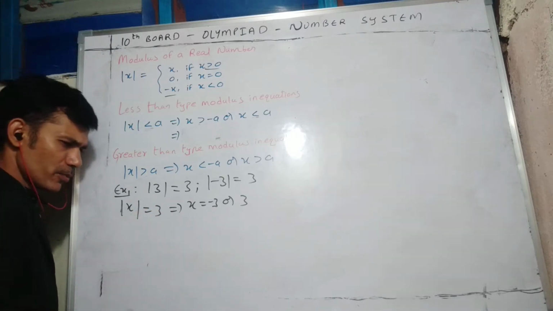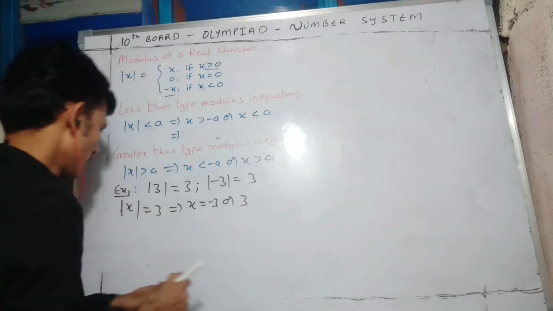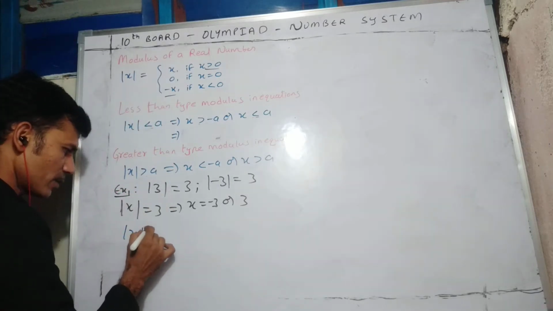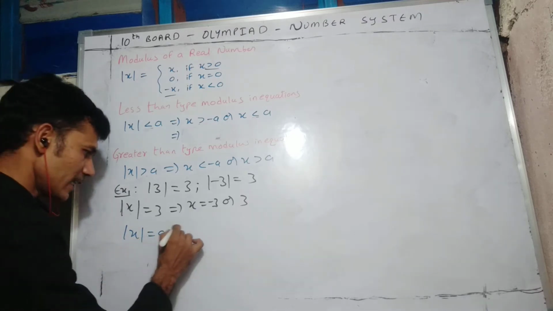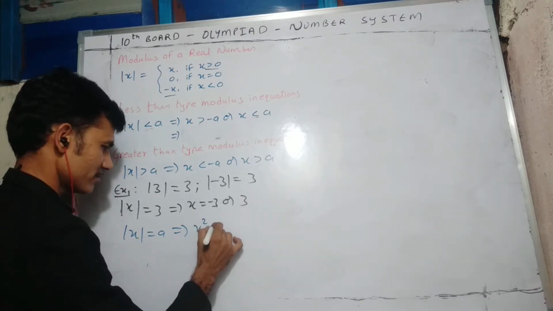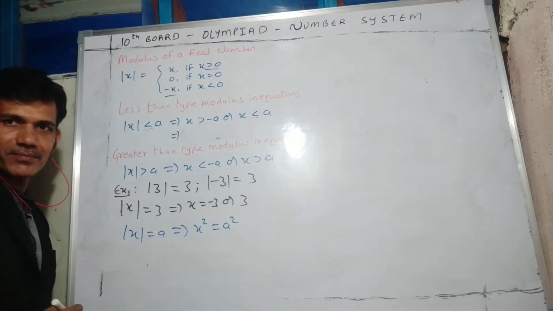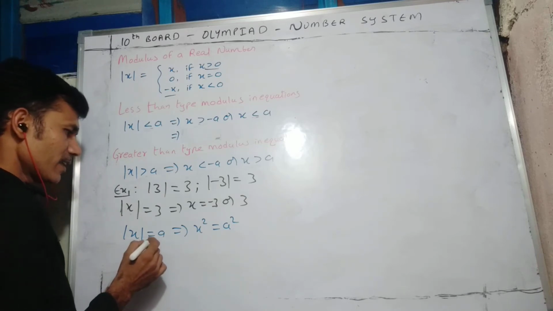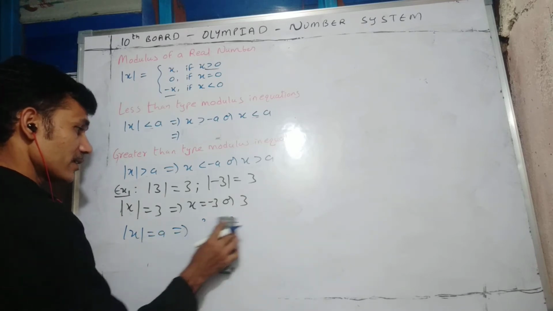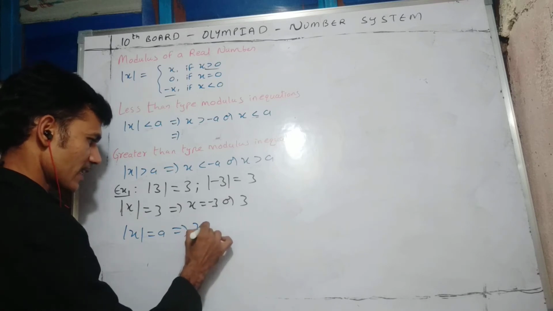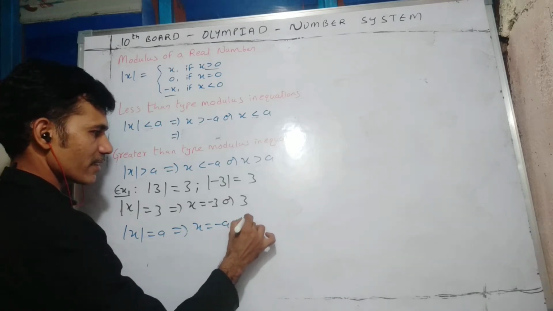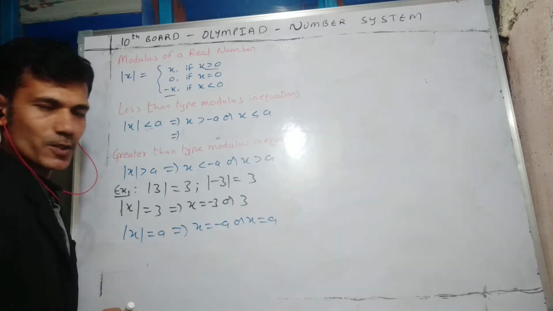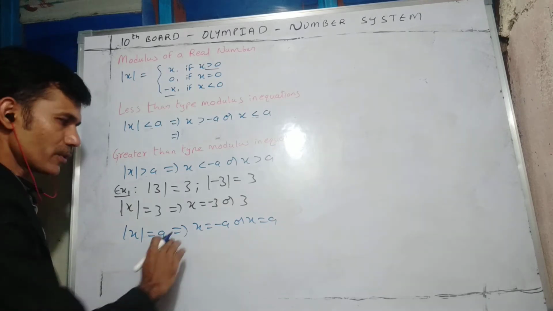And we can say modulus of x, or absolute value of x, is a. It is equivalent to x square is equal to a square. And here we can give a formula like this: x equal to minus a or x equal to a. If you want to find the solution.